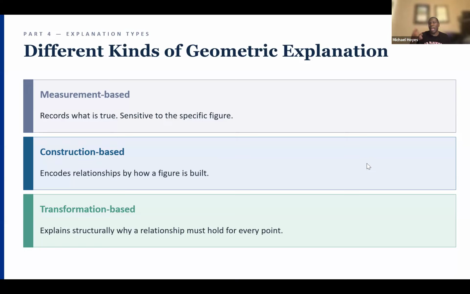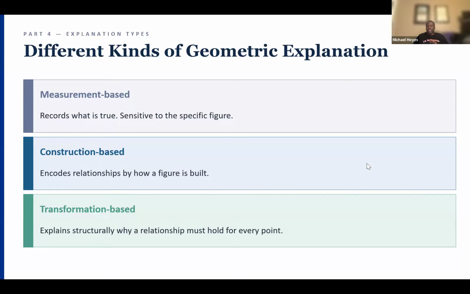If I just turn something, I have not changed the structure of the object. If I just slide it over, I have not changed the structure of the object. Those kinds of explanations are also exceptionally powerful to say how I know things are going to be equal or congruent, depending on whether they have numbers or not, and how they relate to one another.